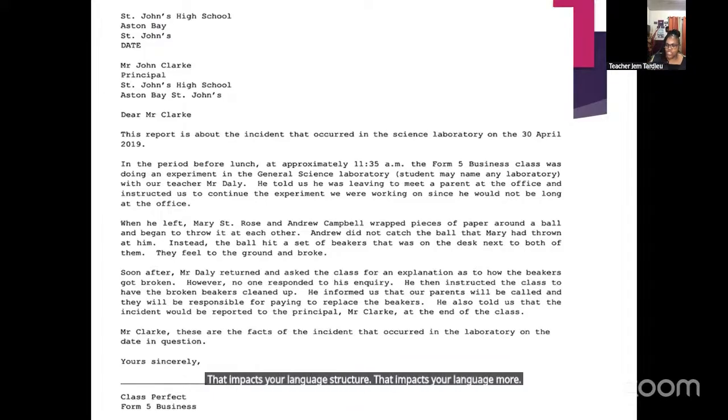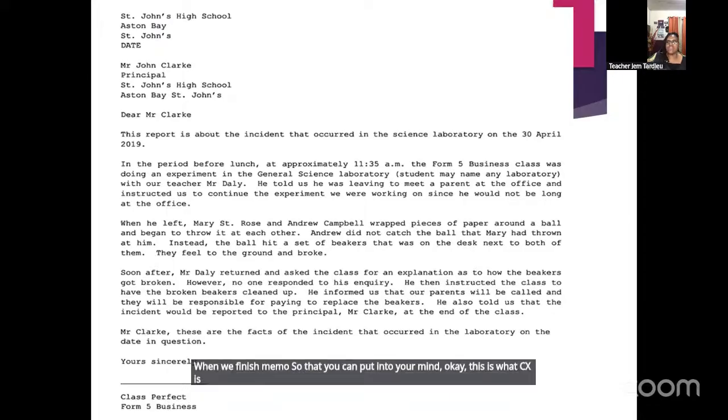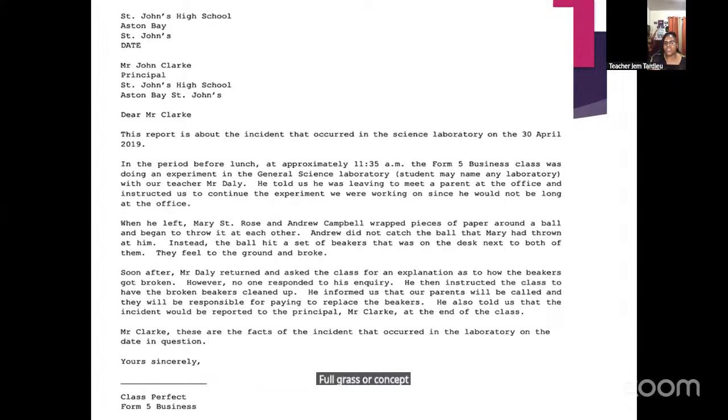And again, I'm going to show you the breakdown of the scheme when we finish memo, so that you can put into your mind, okay, this is what CXC is looking for. This is what they may take away a mark for. This is what they give you a mark for. So you'd have a full grasp of what is required of you.